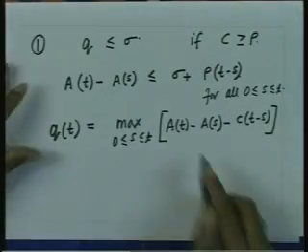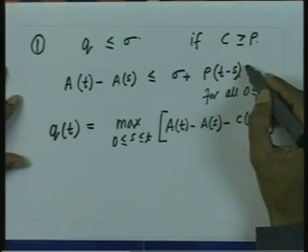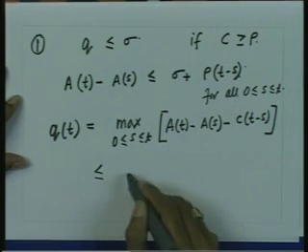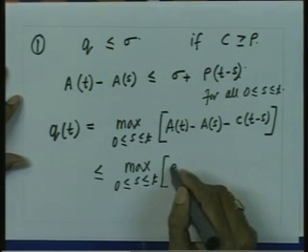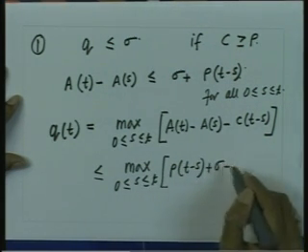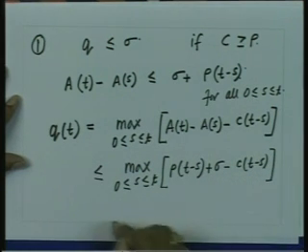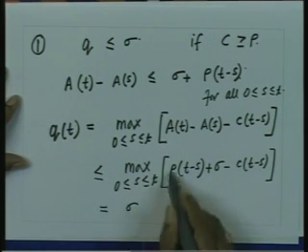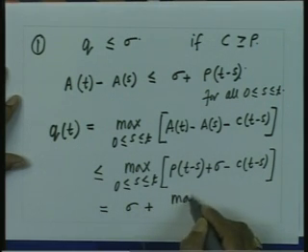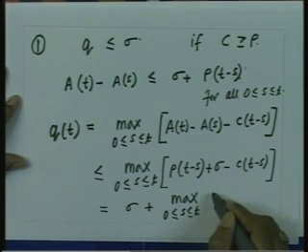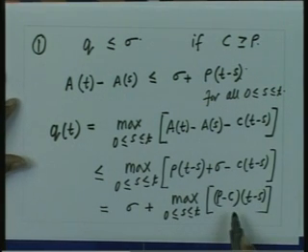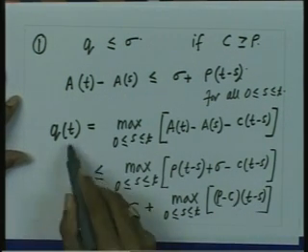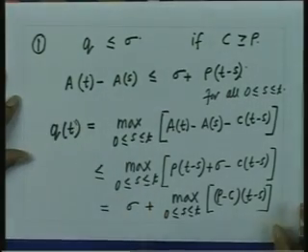This is the result that we had proved earlier. So if this result is true, now note that AT minus AS in our case is a rho sigma constrained traffic, so therefore we can write that this is equal to max of sigma plus rho into T minus S minus C into T minus S, right, and which is therefore equal to sigma plus rho minus C into T minus S. Now but rho is less than or equal to C, and therefore we can say that the queue length Qt will always be less than or equal to sigma.